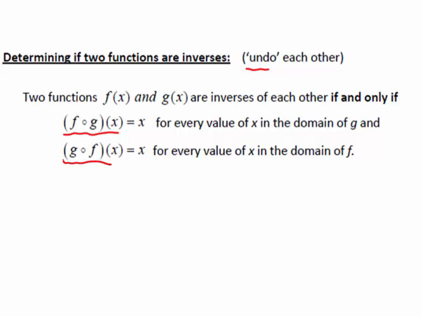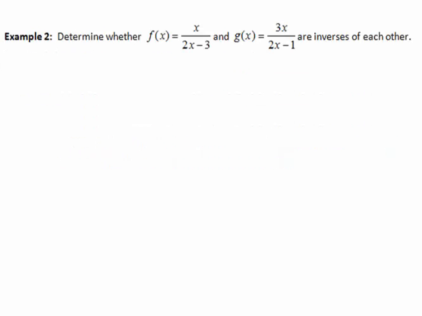If we do the same composite, but the other way around, g of f of x, we're going to get x. So in that rare instance, and this is where we use if and only if, f of g of x is equal to x and g of f of x is equal to x, then we know two functions are inverses. Let's try an example.